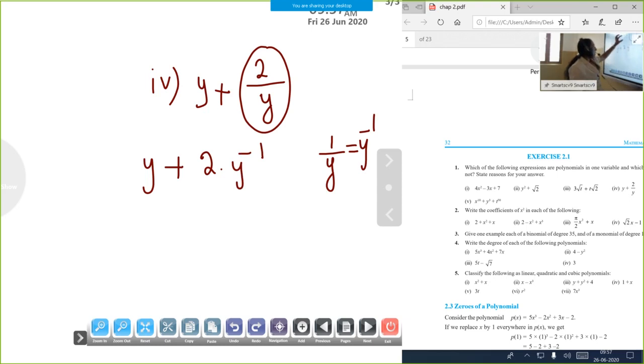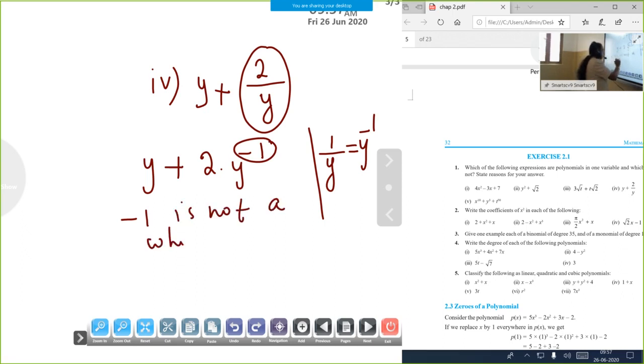Our question is y plus 2 by y. We know that 1 by y equals y raised to minus 1. So here our expression becomes y plus 2 into y raised to minus 1. This minus 1 is not a whole number.